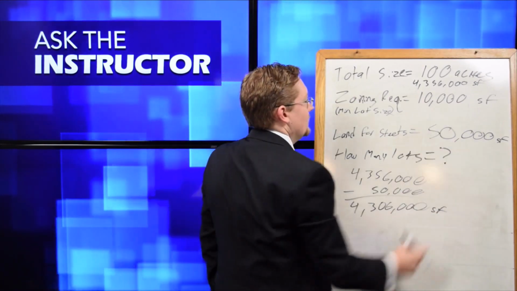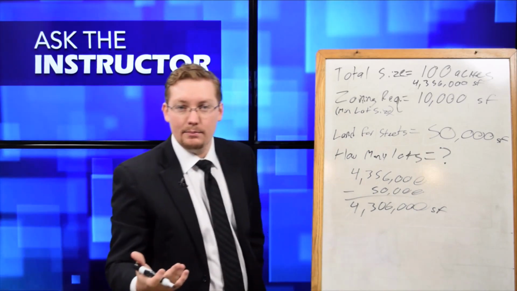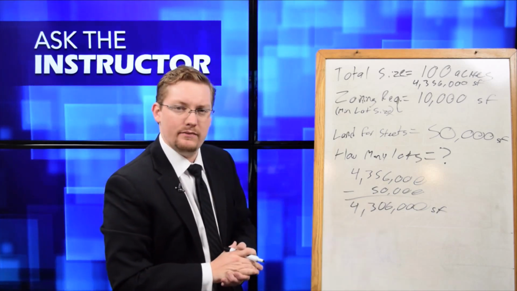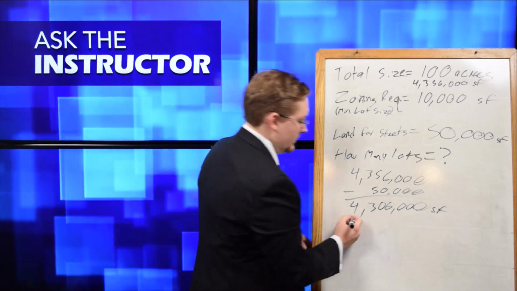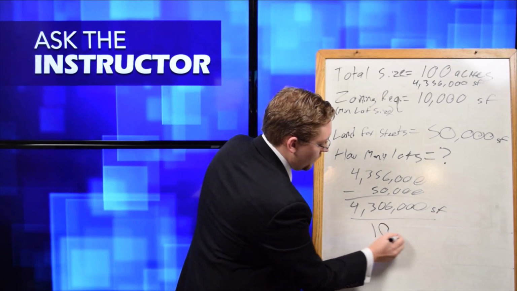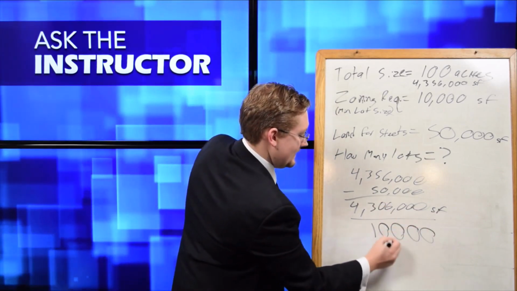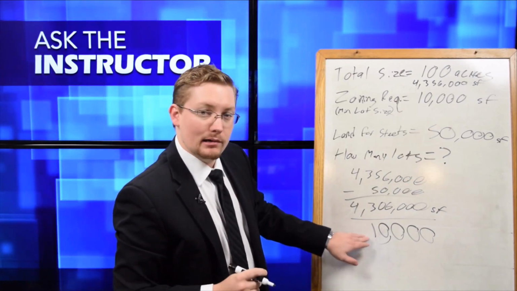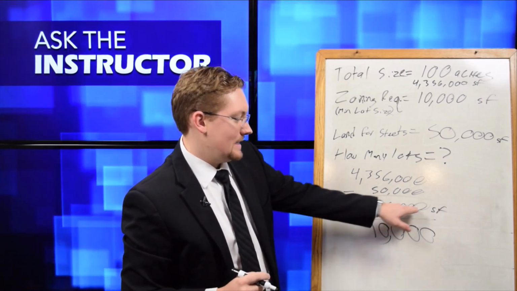Now each lot has to be at least 10,000 square feet in size, and as a developer, maybe we'll have some that are slightly larger, but we want to ultimately figure out, if we use the minimum lot size, how many lots can we really squeeze out of this 100 acres. So all we're going to do in this case is take it and divide it by 10,000. We have 10,000 square feet per lot required, and we have 4,306,000 square feet.